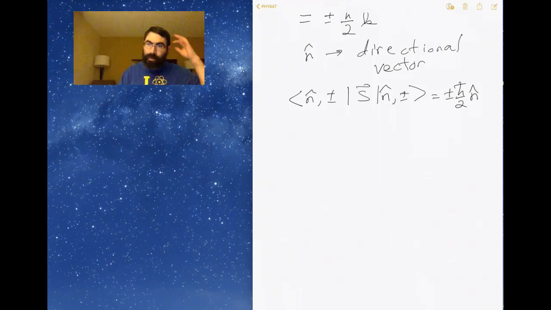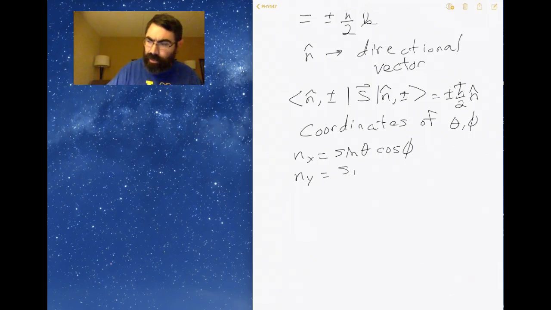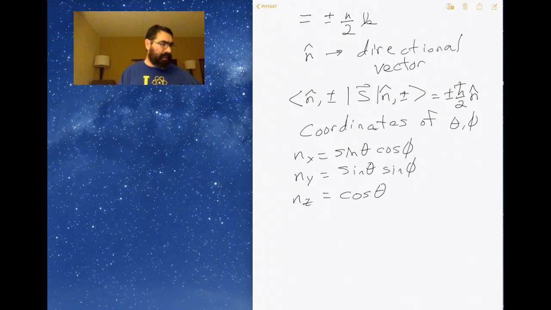So, what if we think about this in terms of angular coordinates? What are the directional vectors in coordinates of theta and phi? Well, n sub x is sine theta cosine phi. n sub y is sine theta sine phi. n sub z is cosine theta.